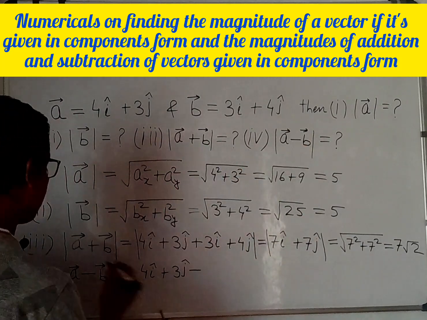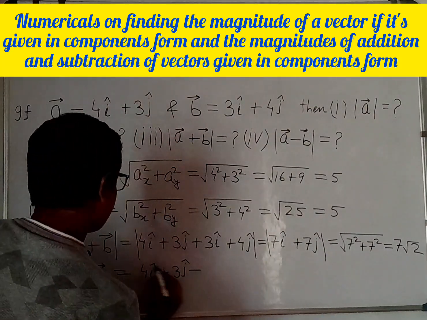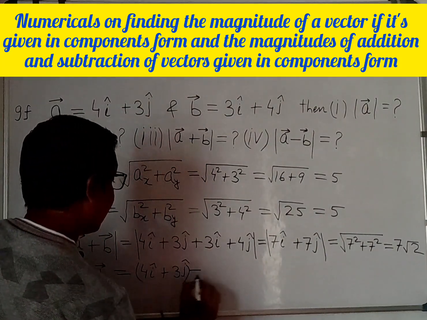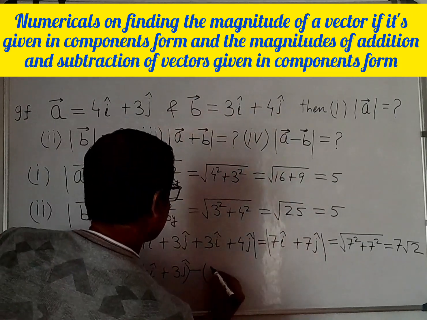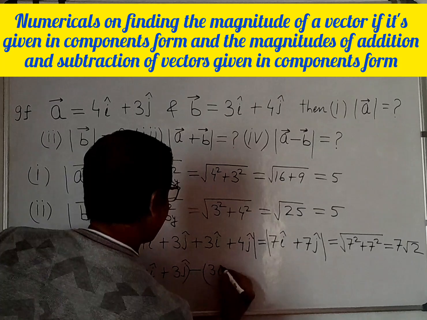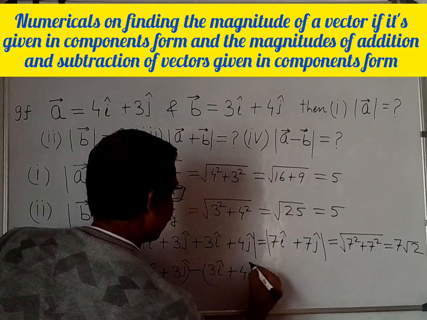First of all, we will find A minus B. This is A, and you have to subtract this, 3i hat, add 4j hat.